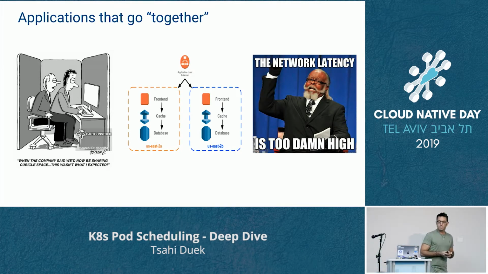So the next thing will be applications that go together. With Kubernetes, we know how to package two applications and deploy them on the same instance, and that was cool. But in Kubernetes, we need to make sure that these applications run together on the same topology that we would like.